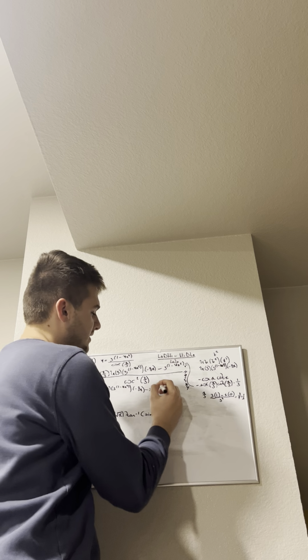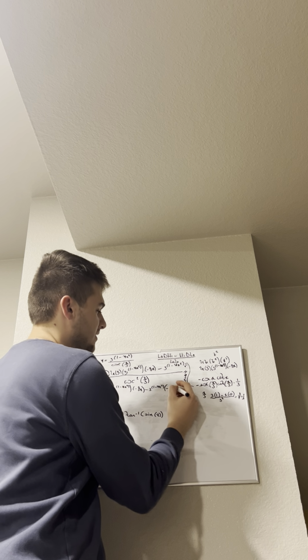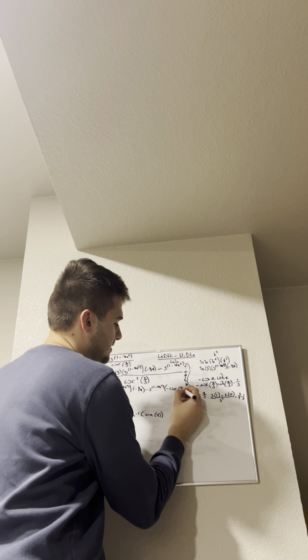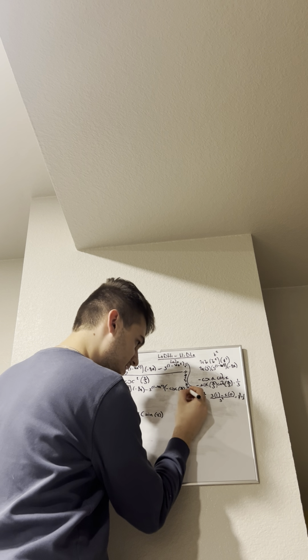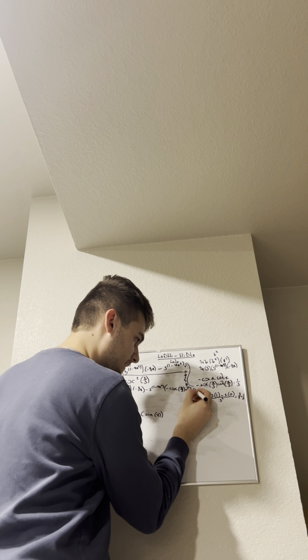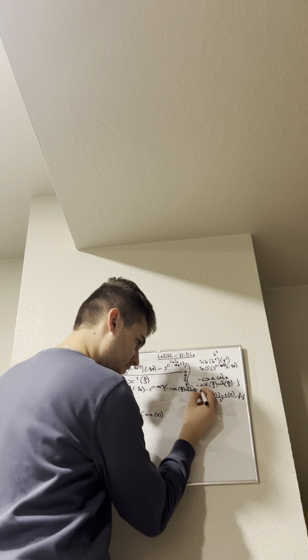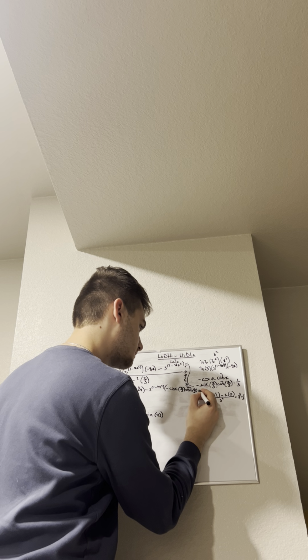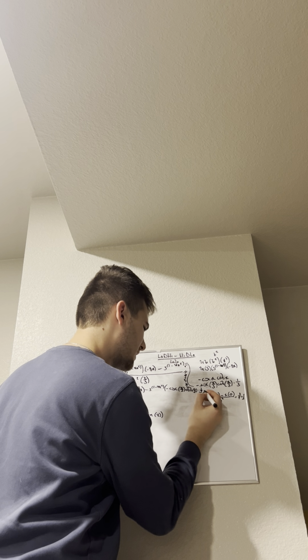Or you can just leave it as that and rewrite it in parentheses as a negative cosecant of x over 3 cotangent x over 3, which was times 1/3.